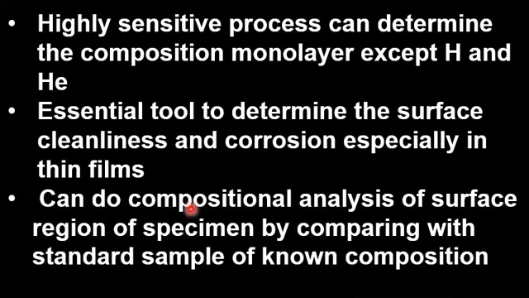Auger electron spectroscopy can do compositional analysis of the surface region of the specimen by comparing with a standard sample of known composition. So this technique gives you information on the chemical composition of the material on the surface.